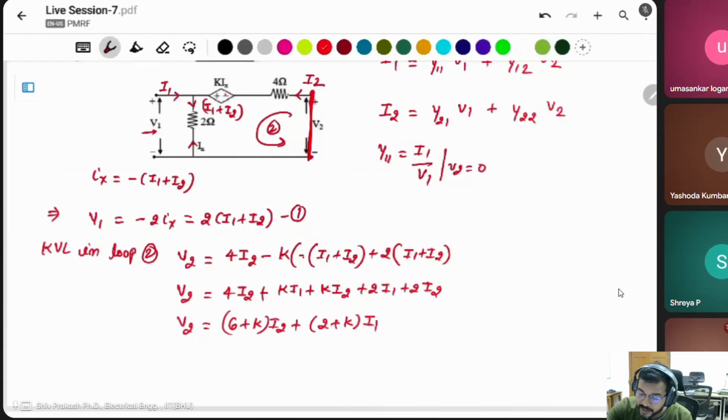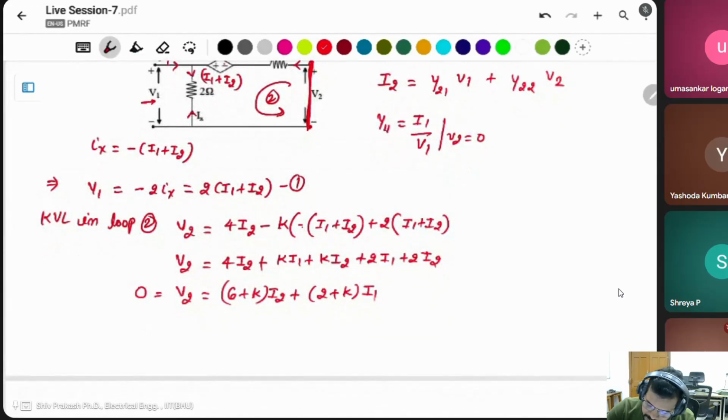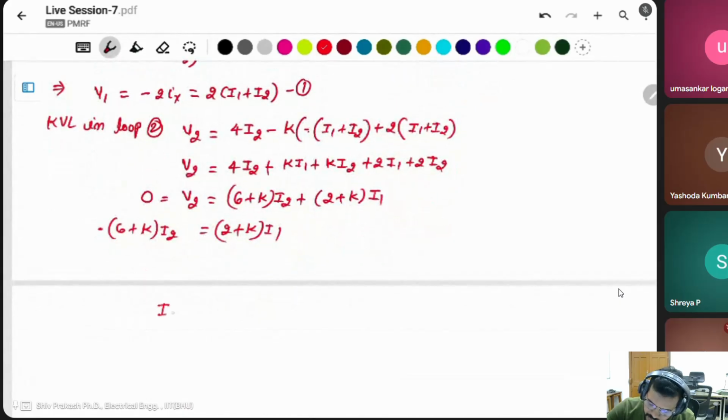Then we have to find the relation between I1 and V1. Then V2 will be 0, so this will be equal to 0. Then from here, what is I2? Minus of 6 plus K I2 is equal to 2 plus K I1. Then what is I2? I2 is equal to negative of 2 plus K divided by 6 plus K, times I1.